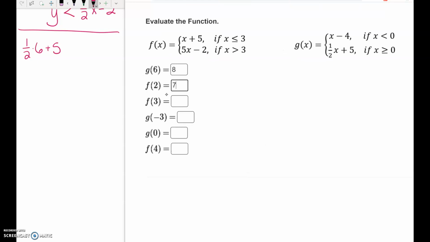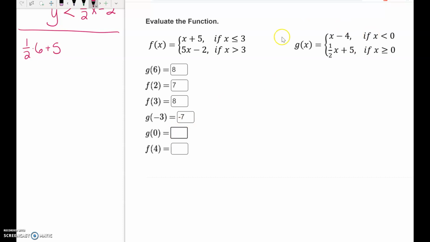X plus 5, so 3 plus 5 is 8. G of negative 3. Negative 3 is less than 0, so we are going to use the top function. Negative 3 minus 4 is negative 7. And you can just push the minus button on your keyboard and then 7.